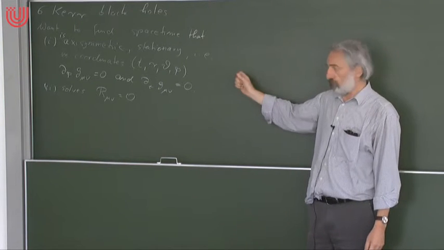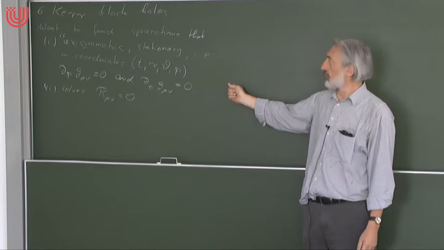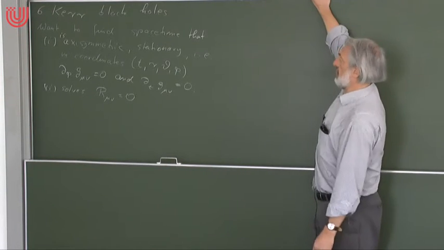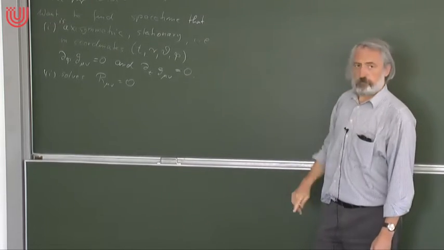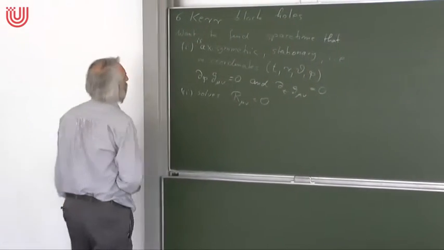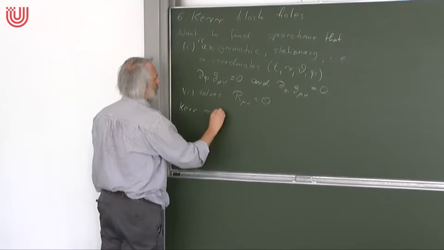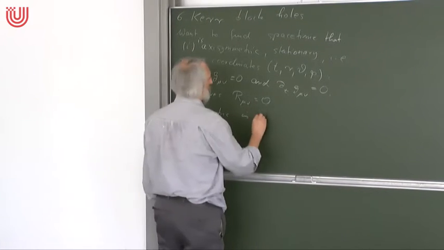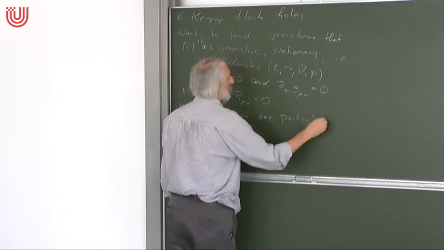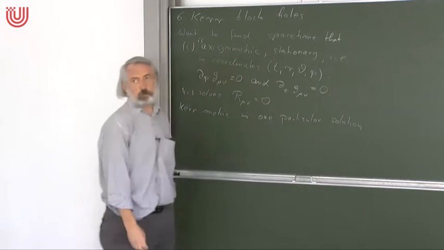What we know is only very specific subcases of this class of metrics. And the most important one is the Kerr metric. So we will not solve this in generality. We will discuss only one very particular solution of this problem. So the Kerr spacetime, let me just write this as a result, is one particular solution. There's no analog of the Birkhoff theorem for rotating objects.